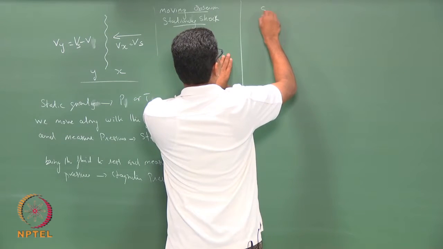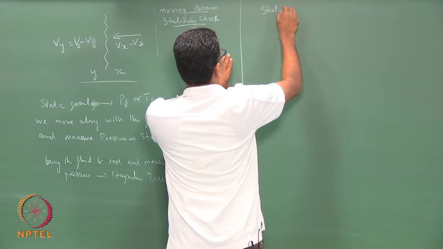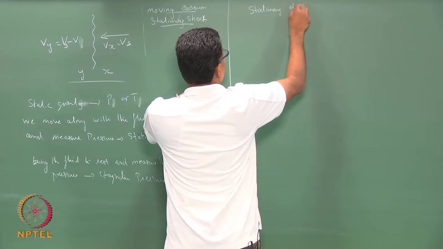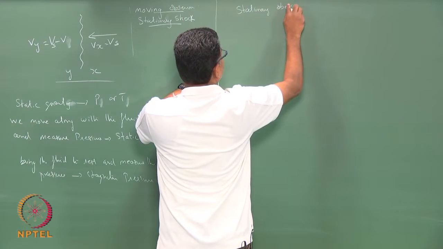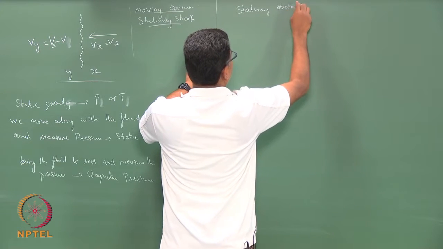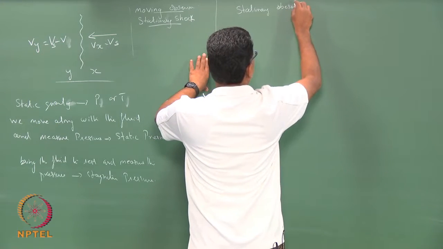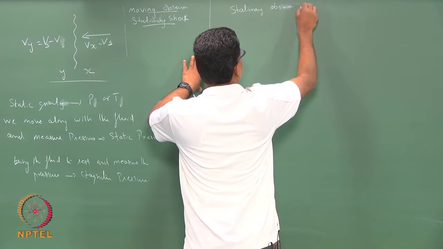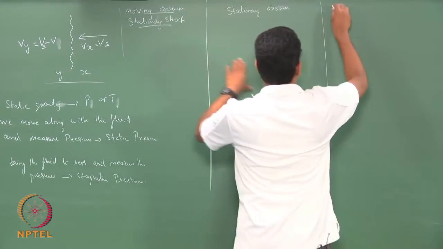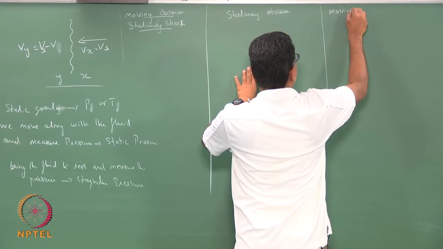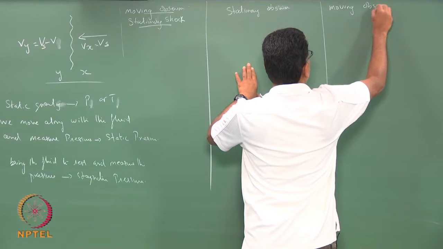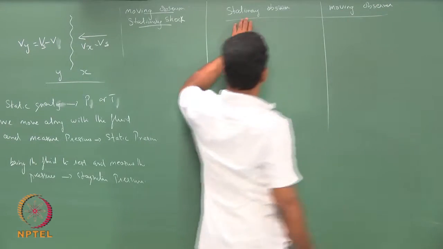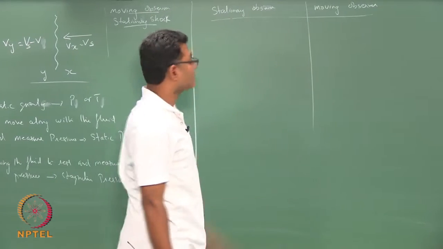One is stationary observer and moving observer. Or you can write this as moving shock and stationary shock.